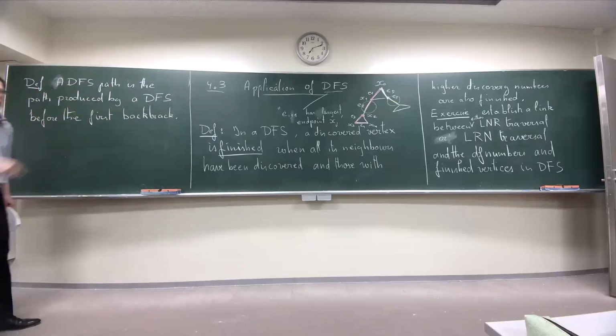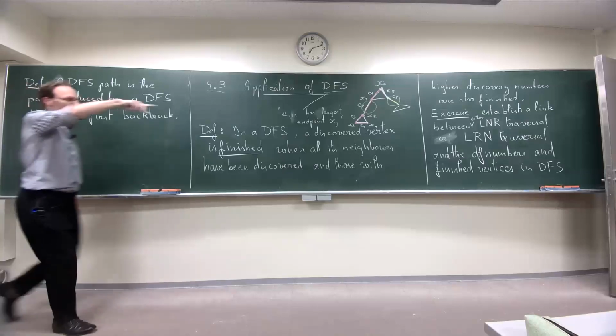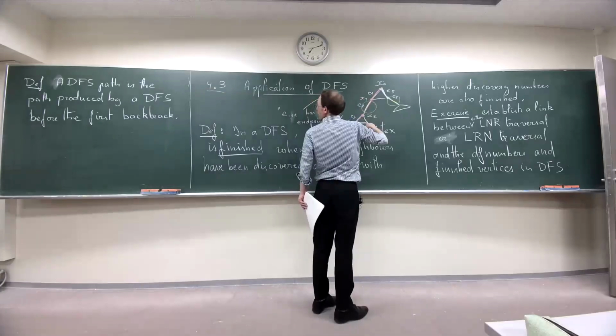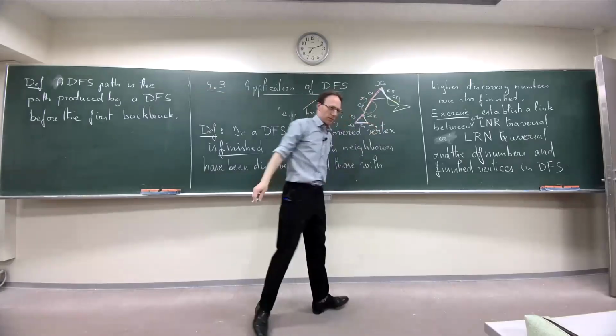And it's clear. In this search, you go further and further and further, and suddenly you have to stop. So before you have to stop, you call it the DFS pass.